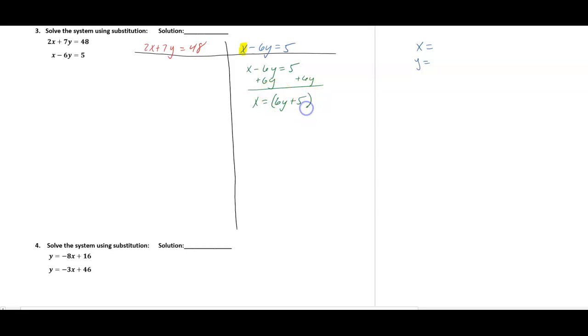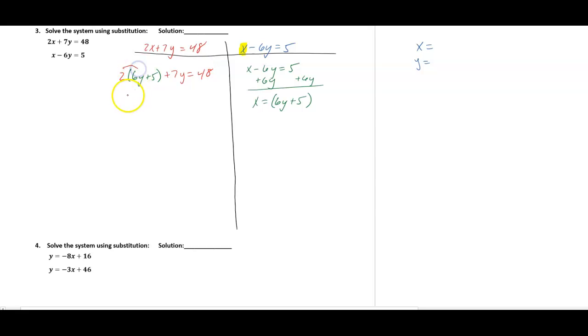Now I could take this value of x and plug it in the equation on the left here. So we're going to do 2 times 6y plus 5, bring down the plus 7y, equals 48.